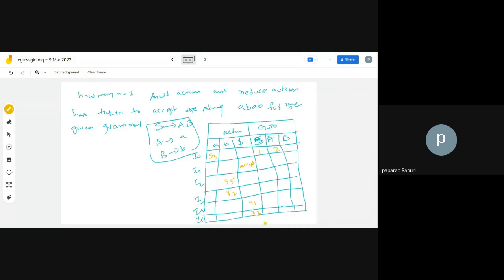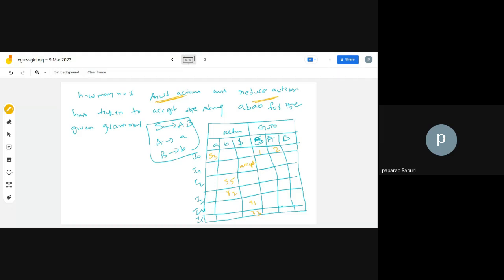So this is the question, sir. You try to check how many shift actions are performed and how many reduce actions are performed for the given input string, with the given grammar and given parse table.